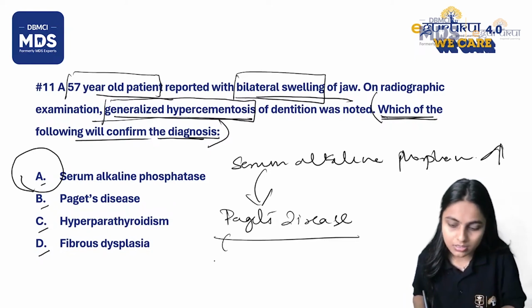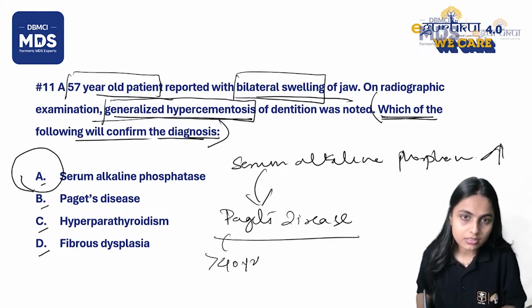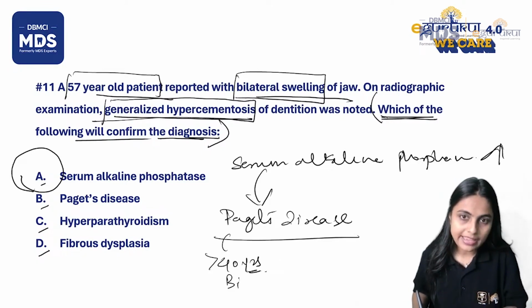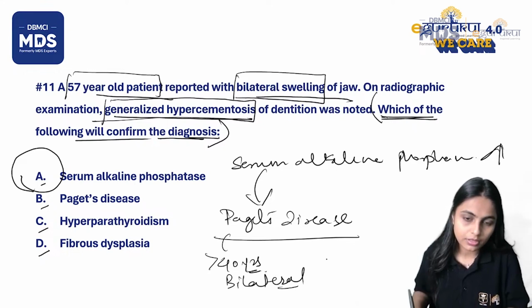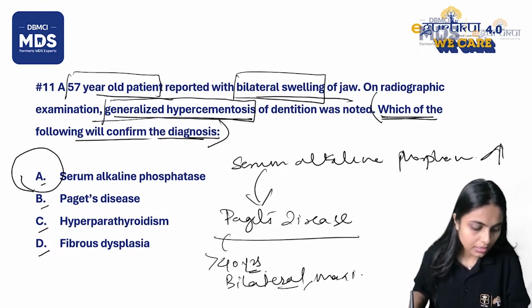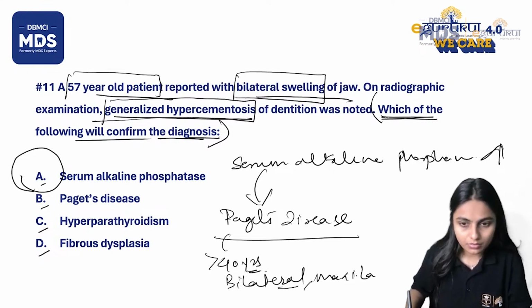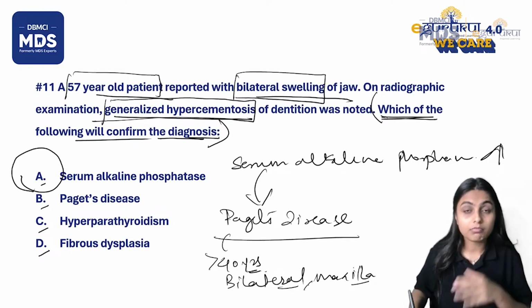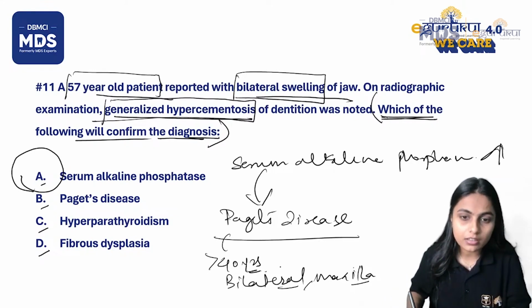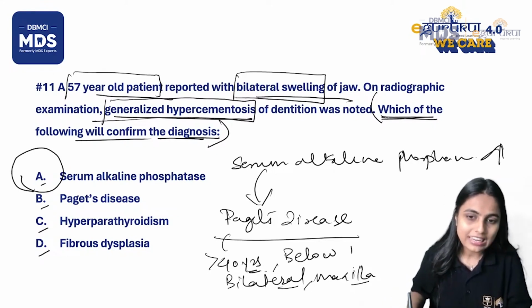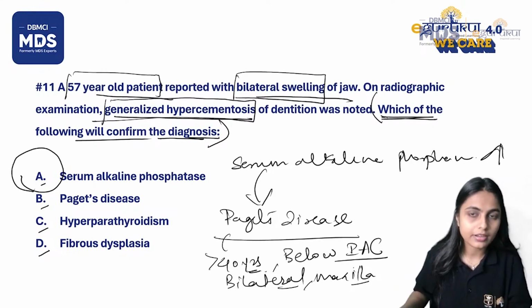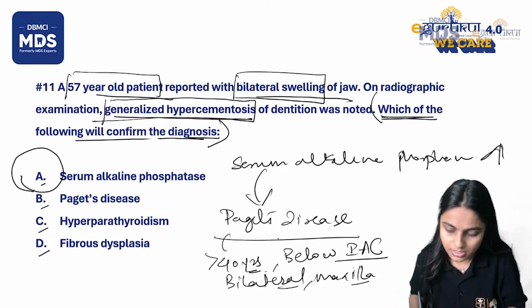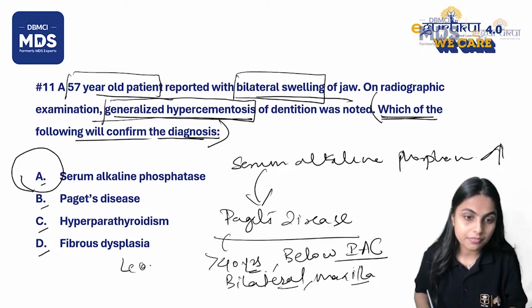Paget's disease occurs in patients around 40 years old, bilaterally, with the maxilla commonly affected. And it occurs below the inferior alveolar canal. Just write down the features of Paget's disease so that it becomes easy if they mention such features.